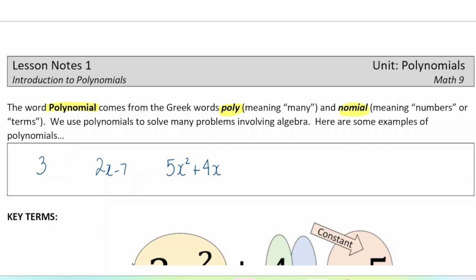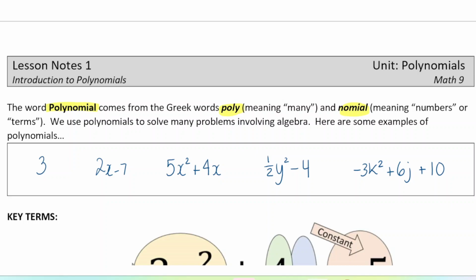You could have fractions as well, like one half, and you can have other symbols to represent your variables, like other letters. Something like this would work. And finally, you can also have negative numbers, like negative 3k squared. You could have more than one variable in your expressions. These are all polynomials.